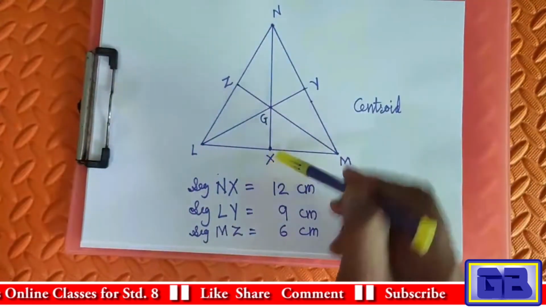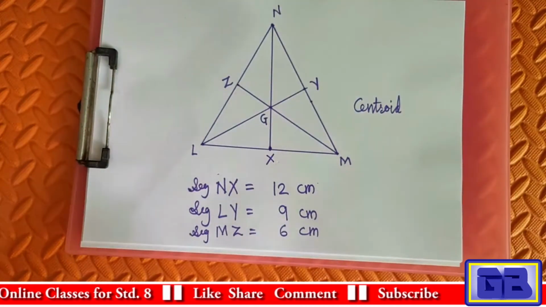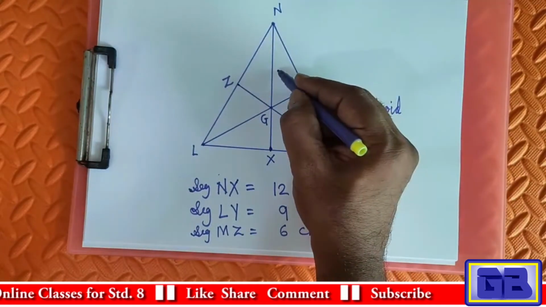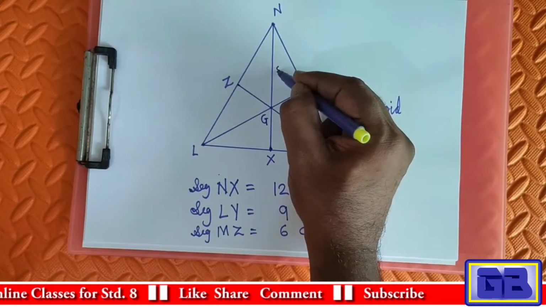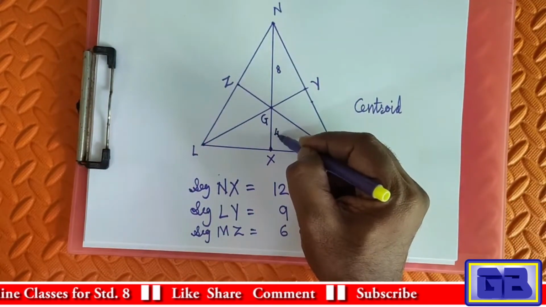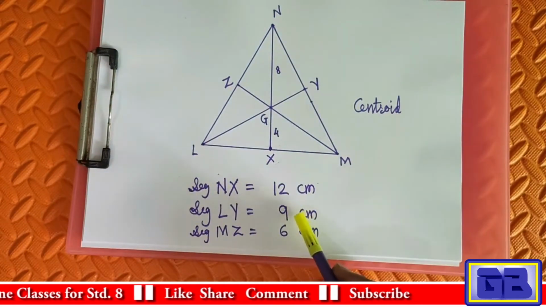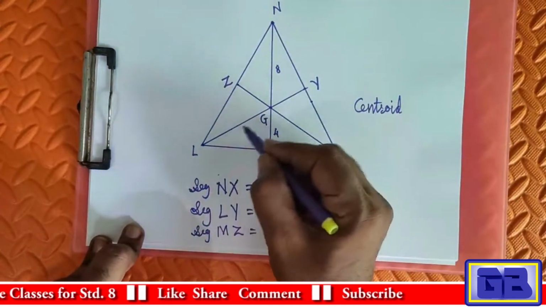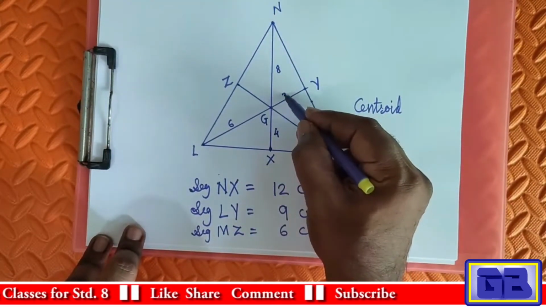Suppose NX is 12 centimeter, then NG will be 8 centimeter and GX should be 4 centimeter. If here LY is 9 centimeter, then LG will be 6 centimeter and GY will be 3 centimeter.